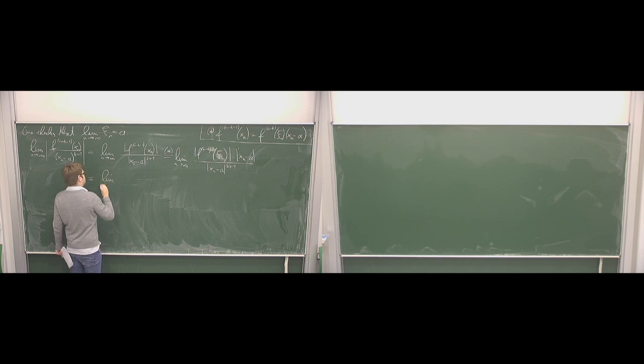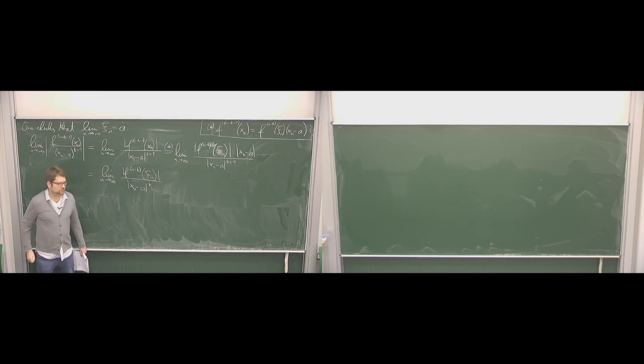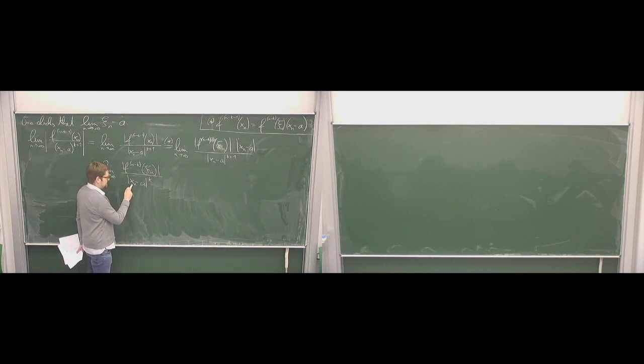So this is the same as the limit as n goes to infinity of |f_{n-k}(psi_n)| divided by |x_n - a| to the power of k. And now this is almost the induction hypothesis, but the problem is that this x_n is here. But we've seen that psi_n lies between these two, between x_n and a.